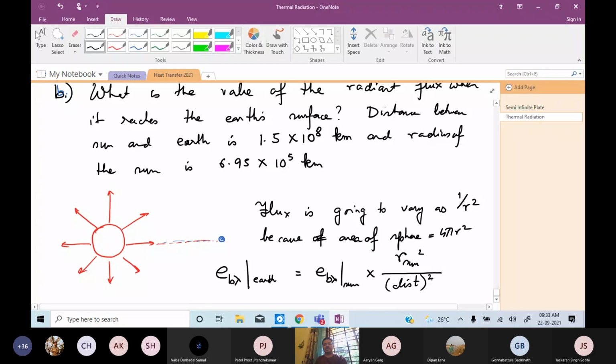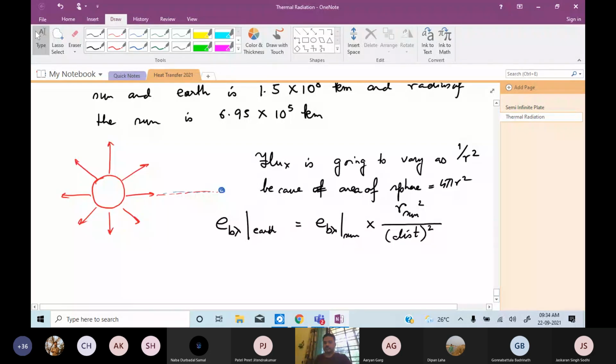It will be 1.5 times 10 to the power 8 plus 0.00695 times 10 to the power 8, so probably very little, 0.1% difference. So I'm taking distance. Okay. So after that, it's fine.